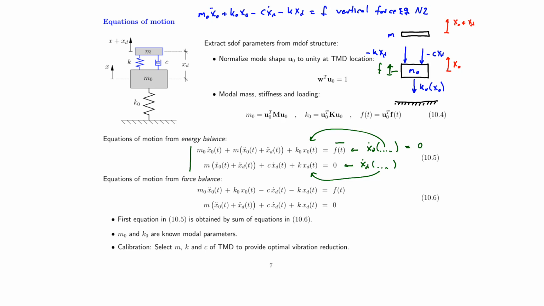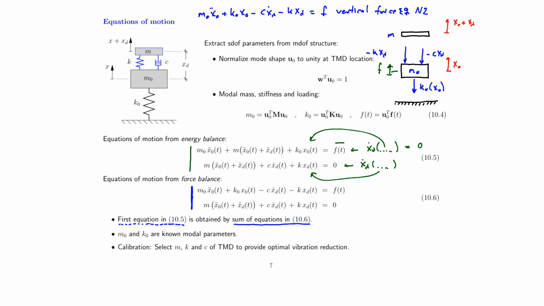And if we apply those, we will get this expression here in 10.6, and we can set up a similar expression for the TMD mass, and thereby we get a different set of equations, but these two must of course be the same. So what we see is that the first equation in the energy balance is simply obtained by the sum of the two equations in 10.6.